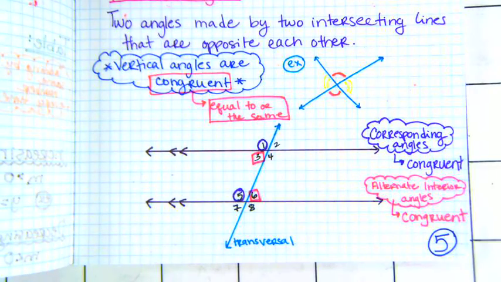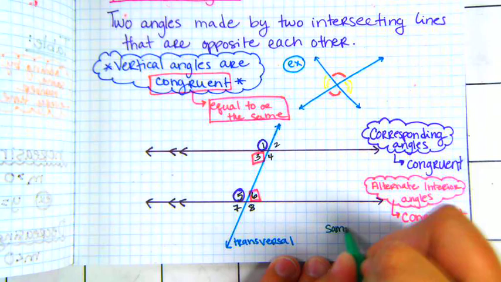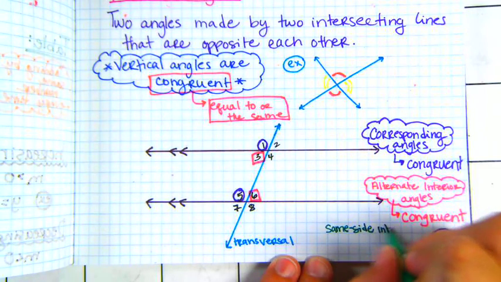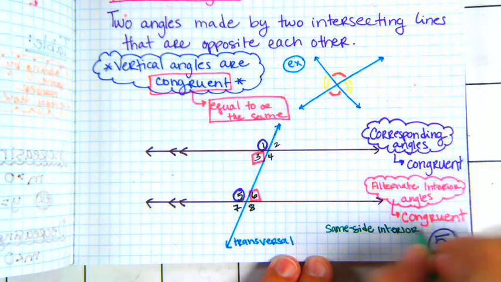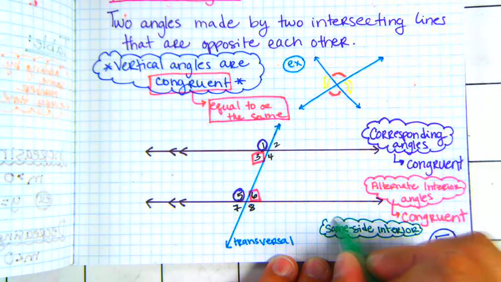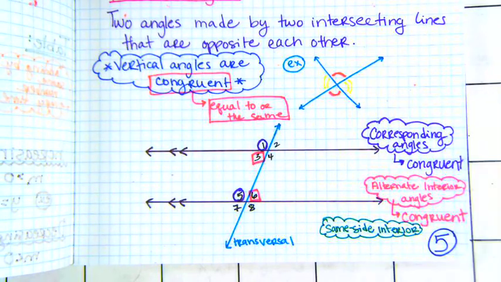And finally, the last set of angles we're going to talk about are same side interior. And again, let's break that down. They're on the same side on the interior.